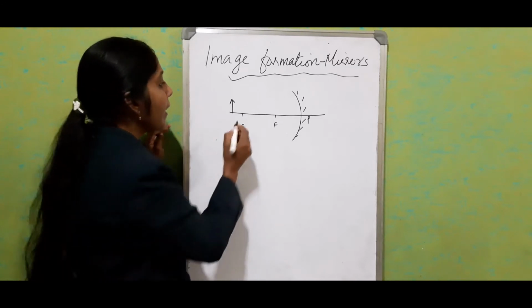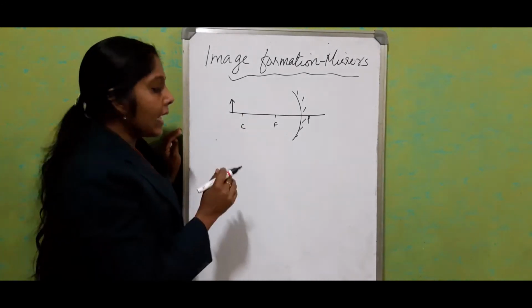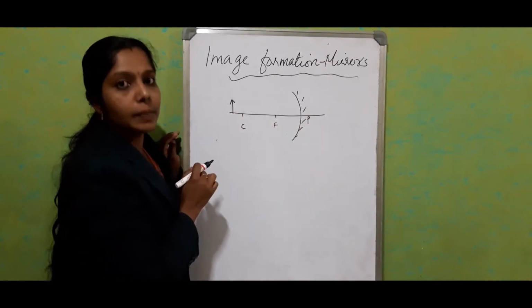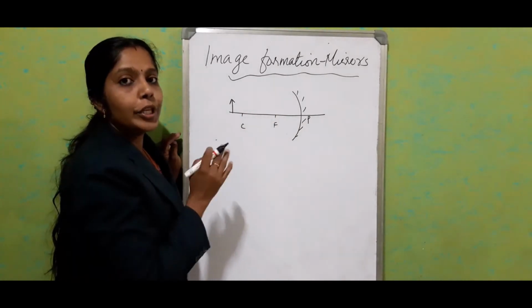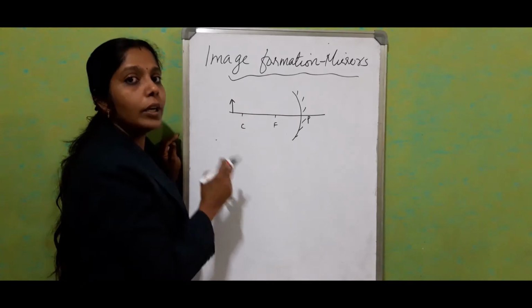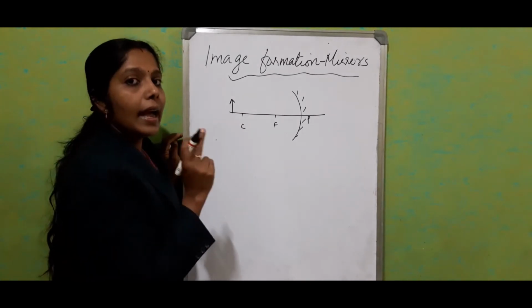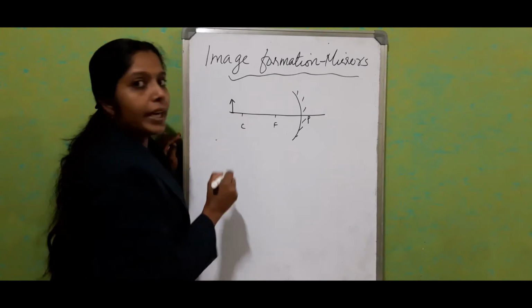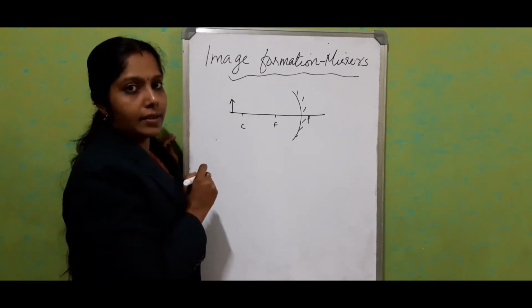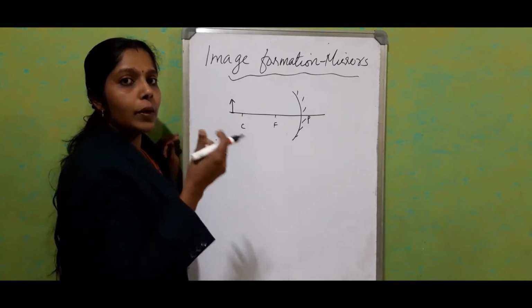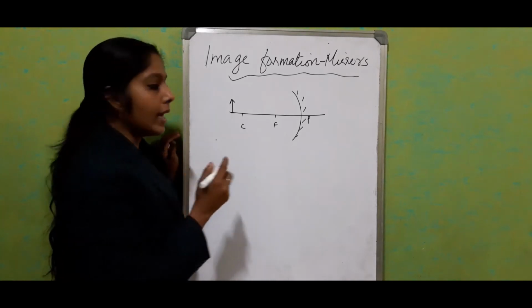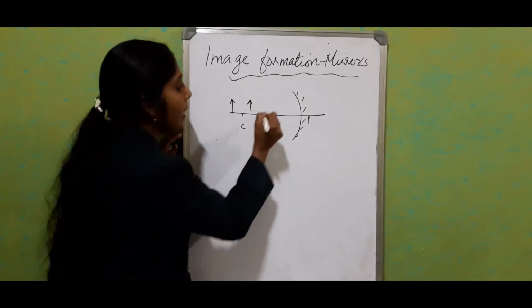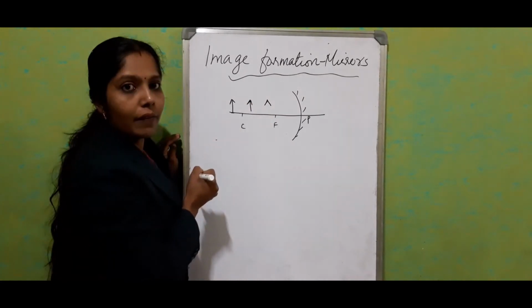Second rule: we always keep the object perpendicular to the principal axis, and one more condition is that the foot of the object should touch the principal axis. Sometimes, when you get the question, you make a mistake, drawing it so it never touches, or only the arrow mark is there.